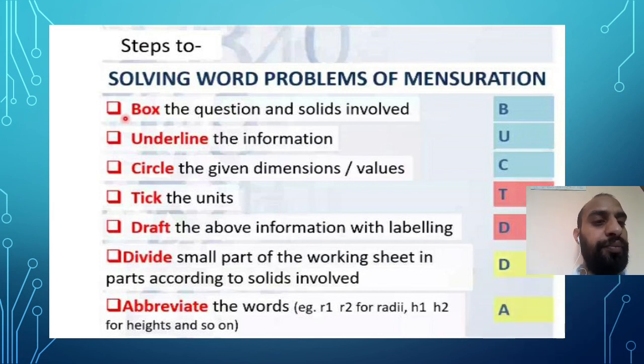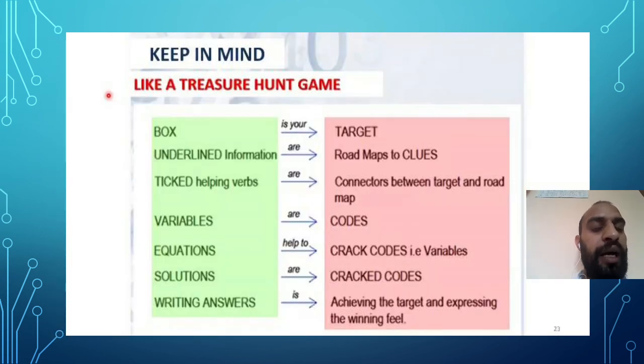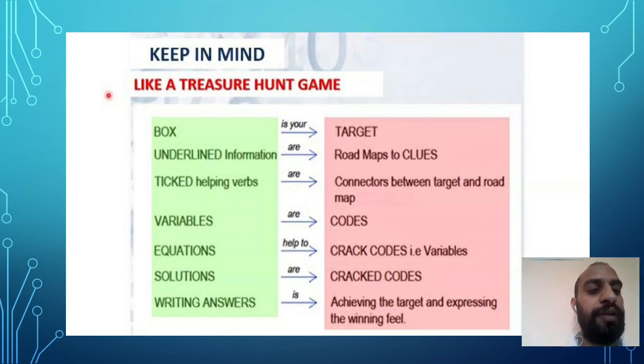You can read it in this way, and you can even play it like a game. How can you play it like a game? That's what I'm going to tell you. First, consider your question a target and start playing. First make a box. The box is your target.